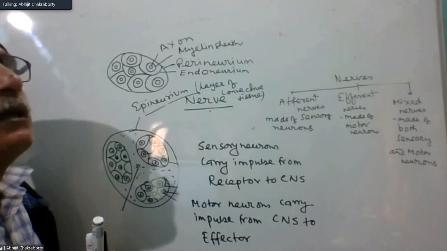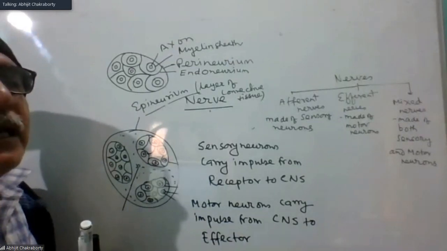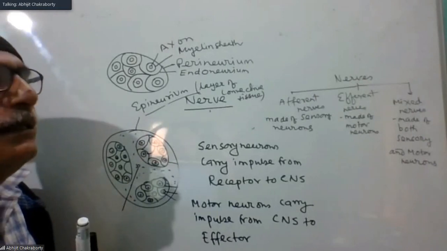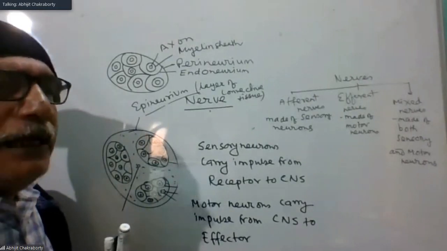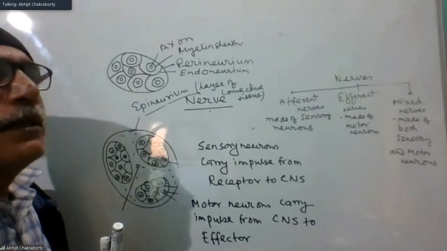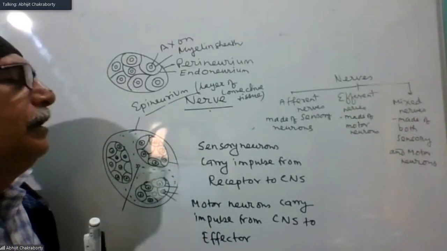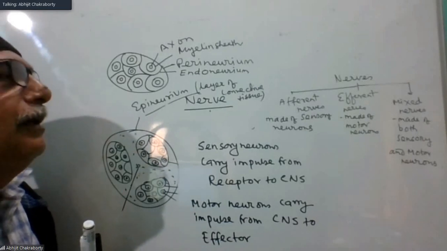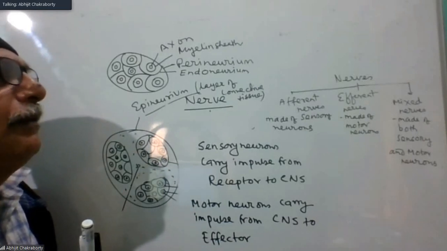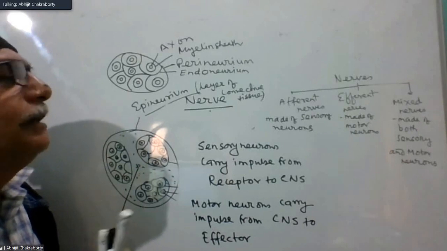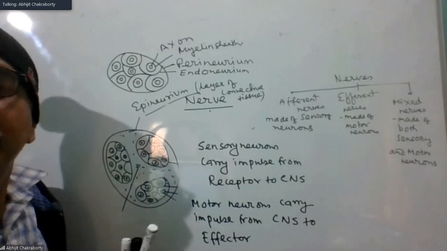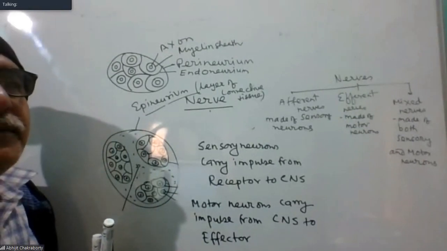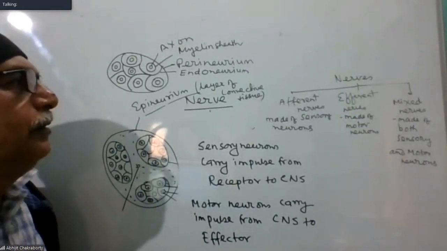Then it is carried to the CNS. In the CNS, there is a center, you will see later on, to interpret and analyze this, so that an instruction is made. This instruction comes to the muscle or gland via the motor neurons. So afferent fibers is clear now. Afferent nerves or afferent neurons, efferent nerves, or you can write efferent neurons. So nerves and neurons, I think the difference is clear. Is it clear to you all? Yes, sir. Okay.